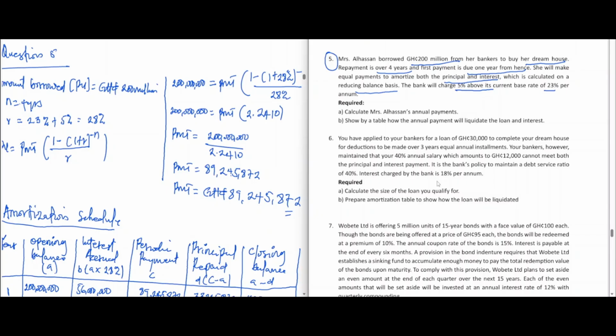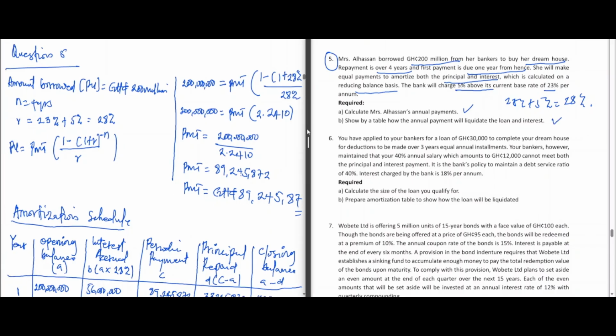So if they are charging 5% above 23%, it will be 23% plus 5%. So at the end of it, they are charging 28%. Right. So the question is: calculate Mrs. Alasan's annual payment and show by a table how the annual payment will liquidate the loan and interest. From the question, we know amount borrowed is 200 million Ghana cedis, for 4 years.